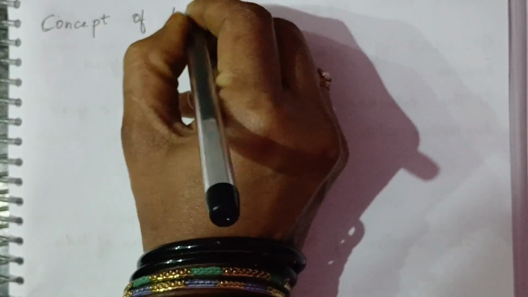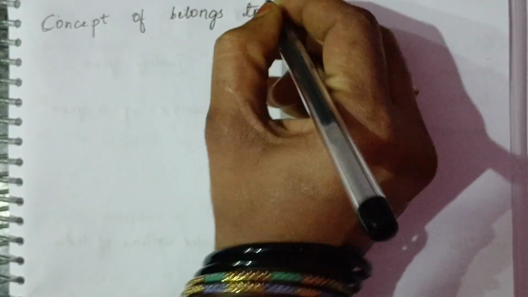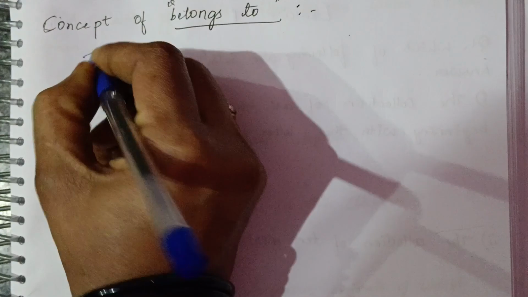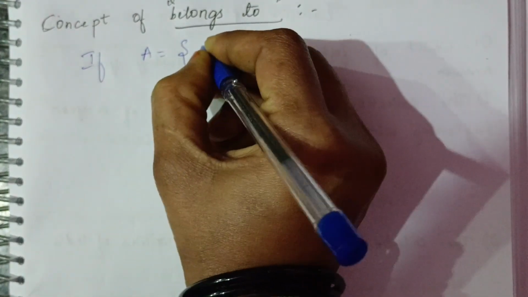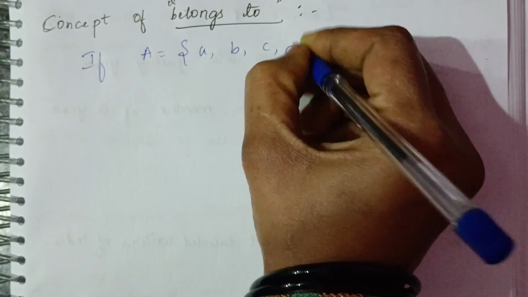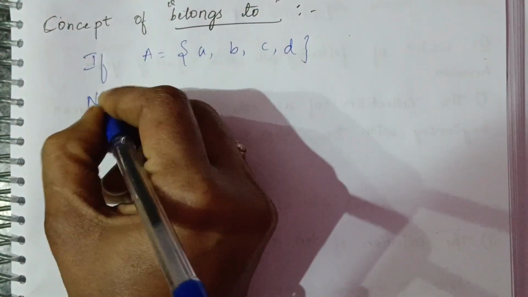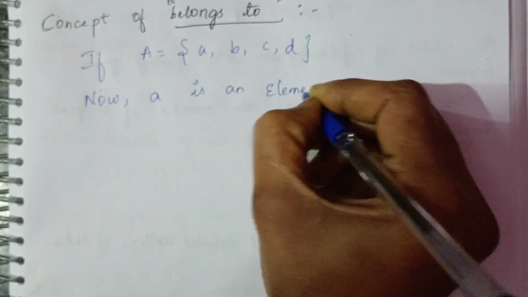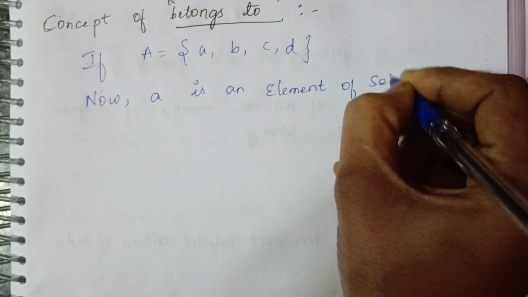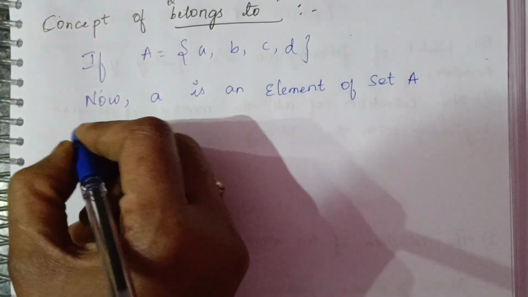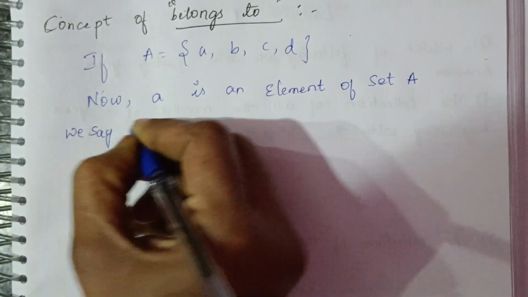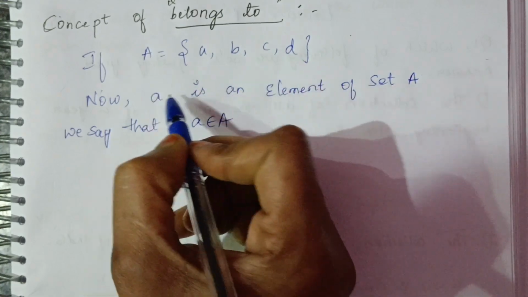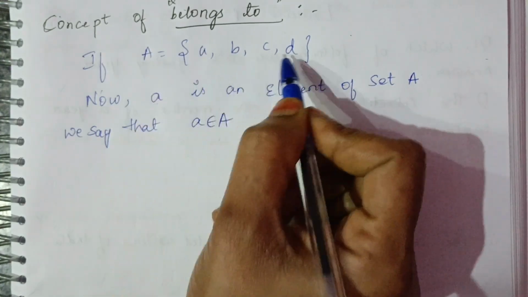Concept of belongs to means, if we have a set A equals A, B, C, D, now A is an element of set A. This we say that A belongs to A. Means in set A, the elements B, C, D are there.